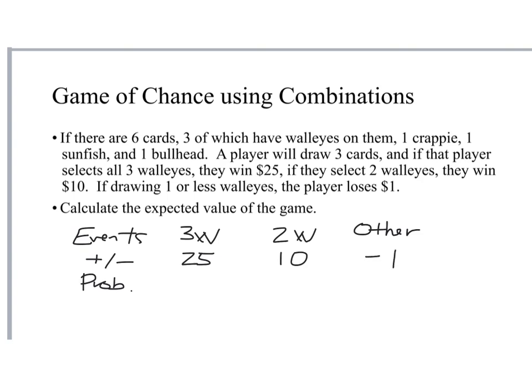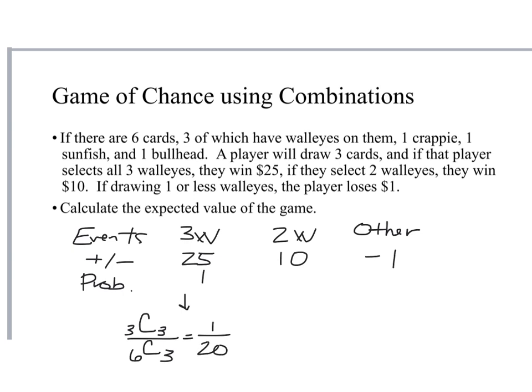Now calculating this probability. This is combinations. So what I'm doing is choosing 3 from 6, where order doesn't matter, and to get all 3 walleyes, there's 3 walleyes, and I'm choosing all 3 of those. This combination 3 choose 3 is 1, and 6 choose 3 is 20.